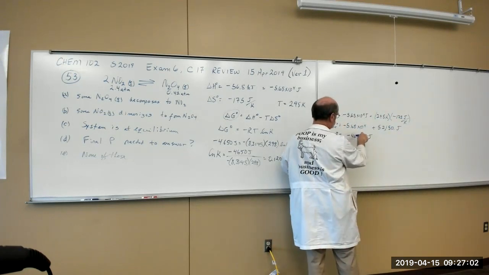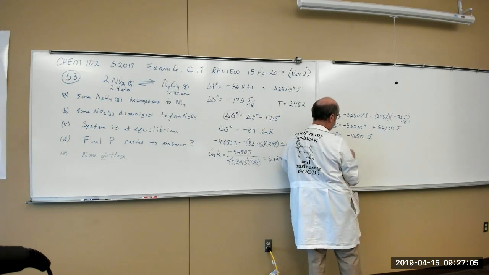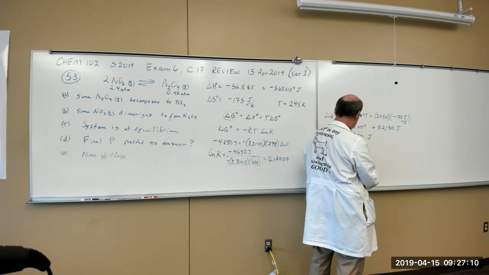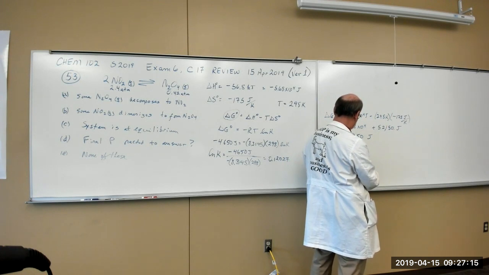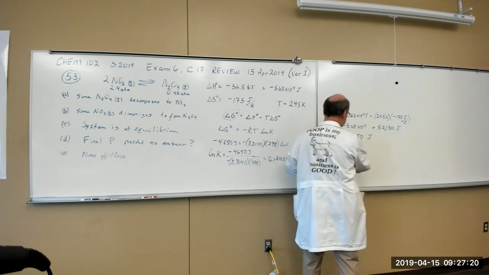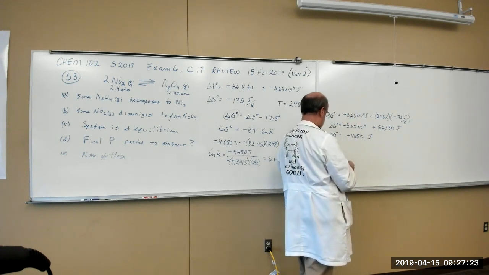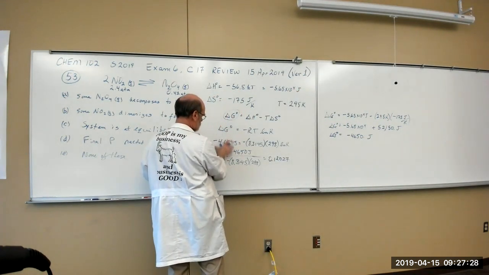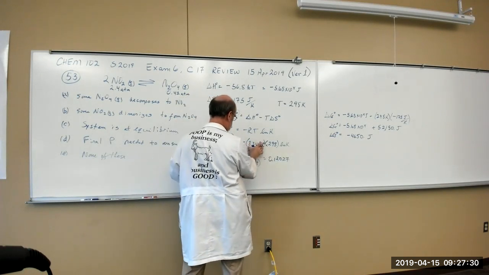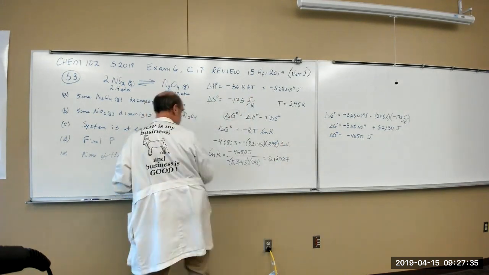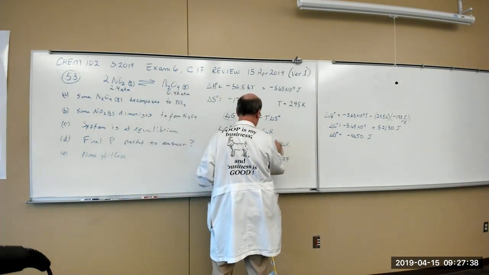And this one. Okay, that's what I get here. 4650 joules. And then this is minus 4650 joules. And this is R. And this is where I made my mistake. No, it wasn't.